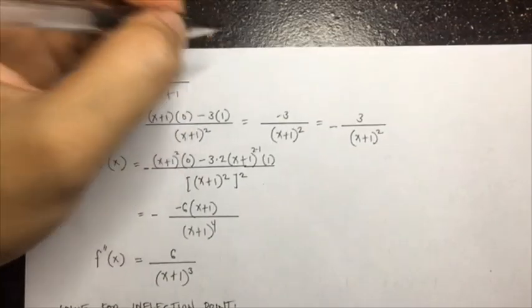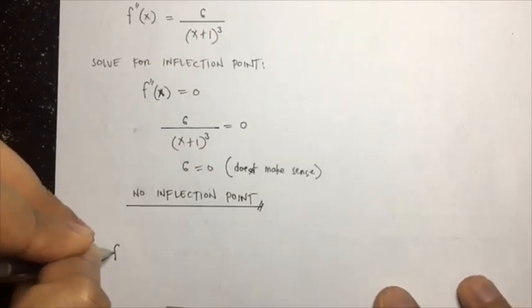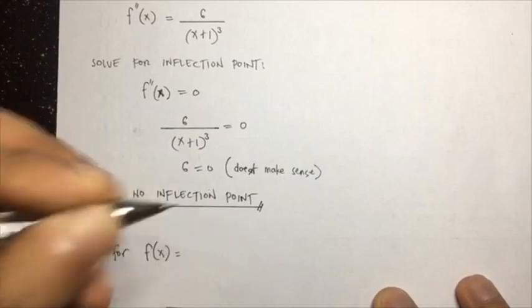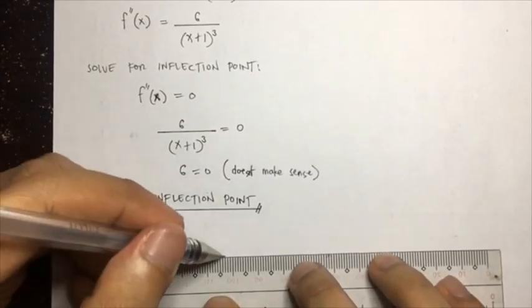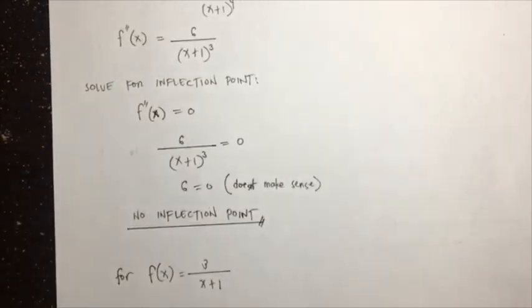So let me rewrite that. For f of x is equal to 3 over x plus 1.